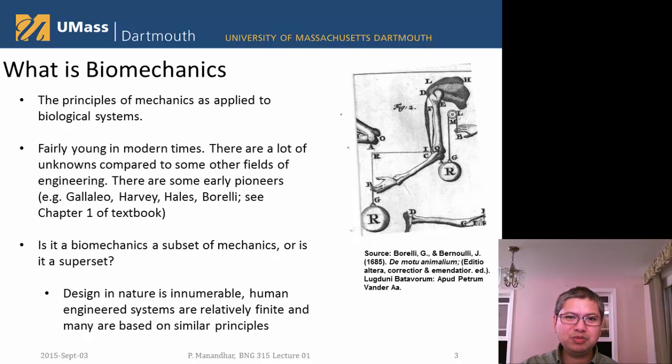Now, it could be considered that this is a fairly young discipline in modern times, though over the centuries, people have wondered how the human body works, how the hand works, how the wrist works, how animals move, how plants are able to grow up tall and strong, and so on and so forth. But it turns out that the study of these natural systems is quite difficult.